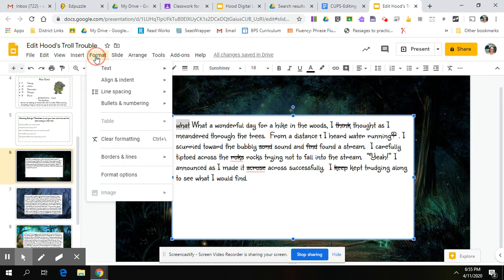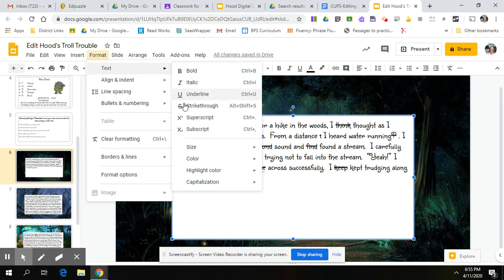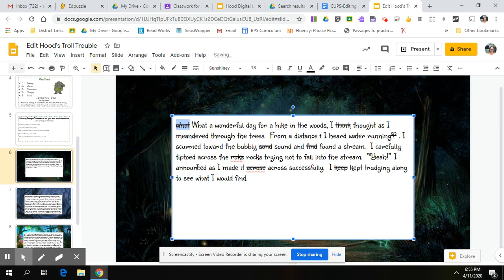So you have to highlight the word, go to Text, Strike Through, and that shows you made a mistake. And right beside it, you put the new word with the correction. Make sure if it's a spelling mistake, it's spelled correctly. Capital letters if it's a capitalization mistake. If it's a usage mistake, make sure you've used the correct word.